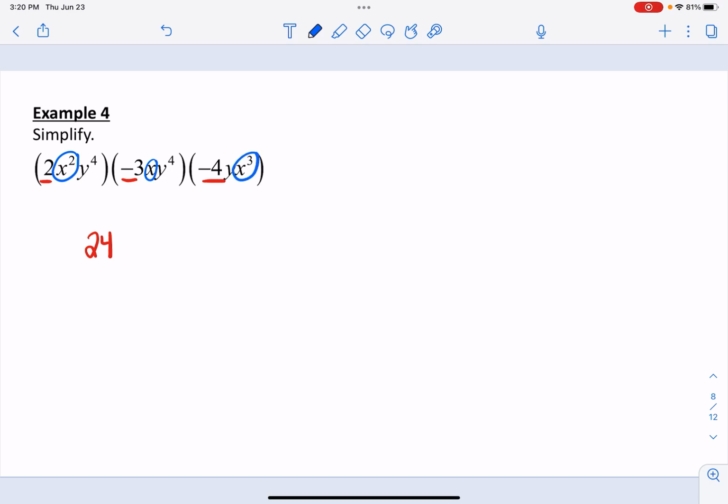Add all your exponents. 2 plus 1 plus 3, that's x to the 6th. Add the exponents on your y's. There's a y here. 4 plus 4 is 8, plus 1 is 9.